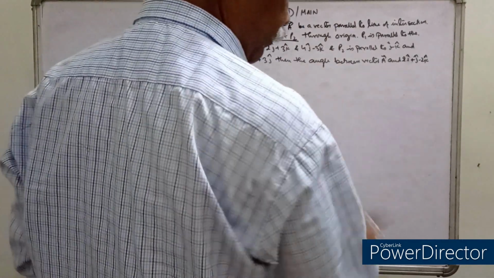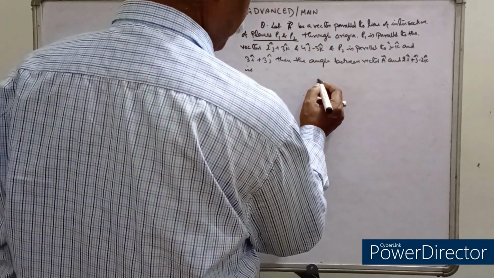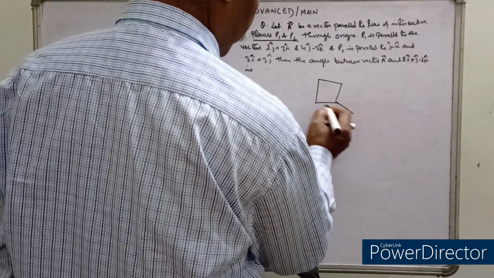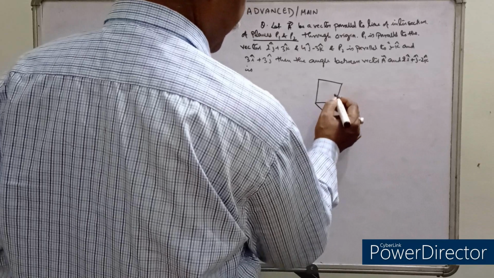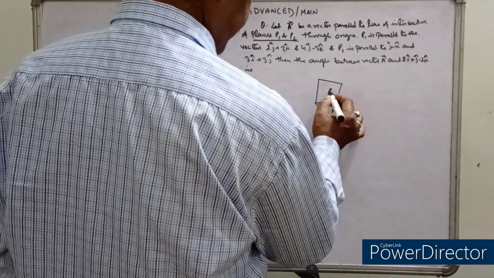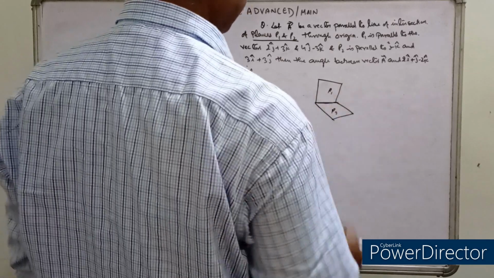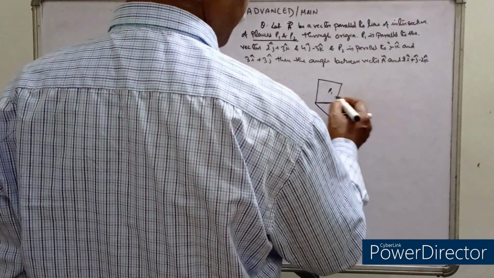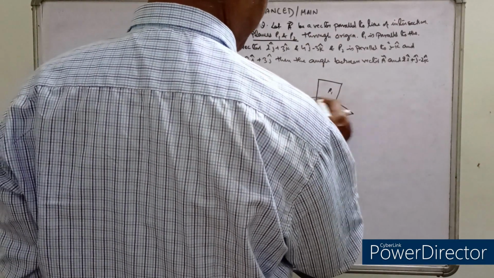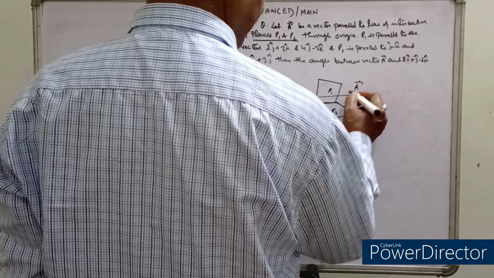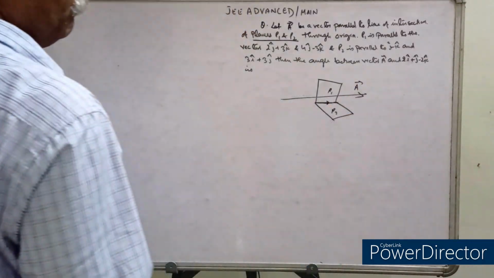It will be more clear if you draw it like this. Here these are the two planes P1 and P2, and this is the line of intersection. There is some vector which is parallel to this line of intersection. Suppose this is the vector A. This vector A is parallel to this line of intersection.